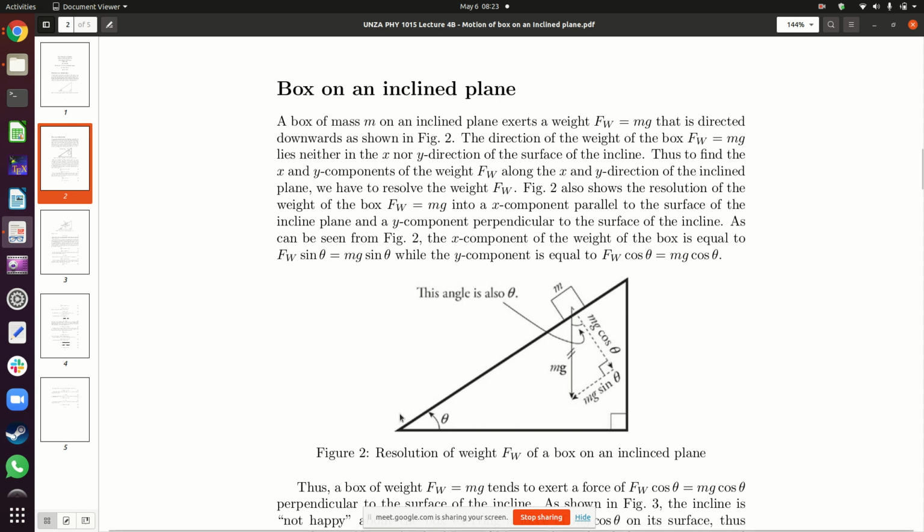Now, along the incline, what is going to help you is the direction in which the mass is moving, or the direction in which the mass tends to move. In our case here, if this box slides, it is not going to slide up, it will slide down.